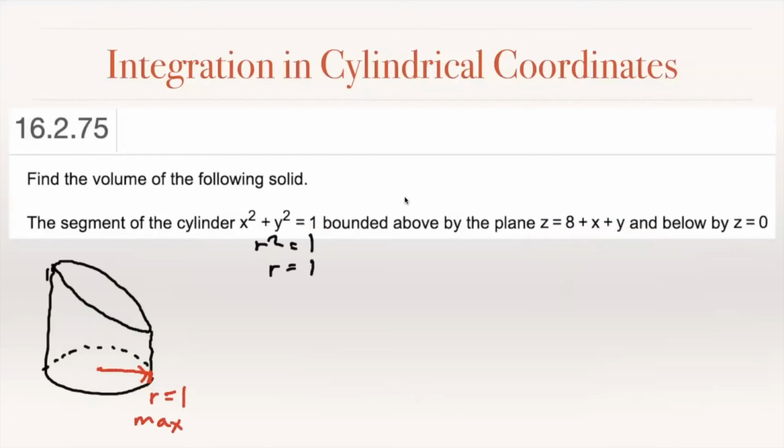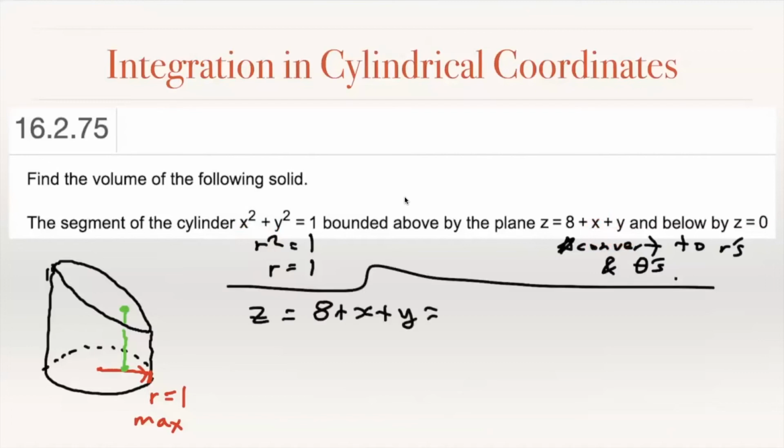And z goes from 0 to what point? Well, to this point. However, we don't want x's and y's, remember. We need to convert this to be in terms of r's and thetas. So x squared plus y squared is r squared, but an x by itself, that's not squared. What do we do?